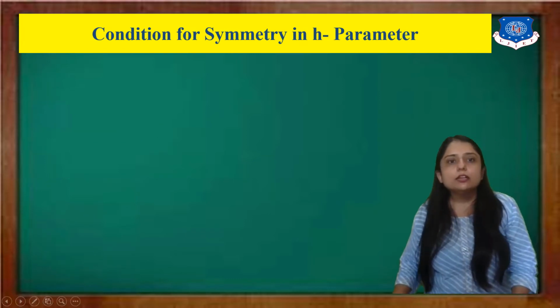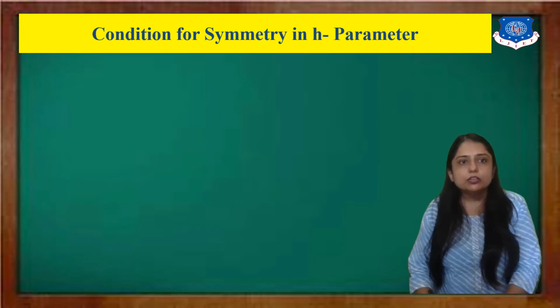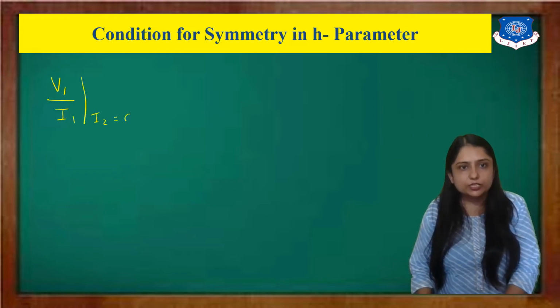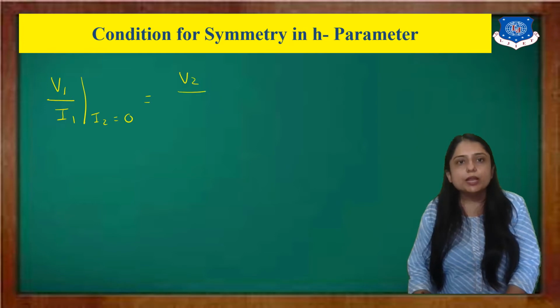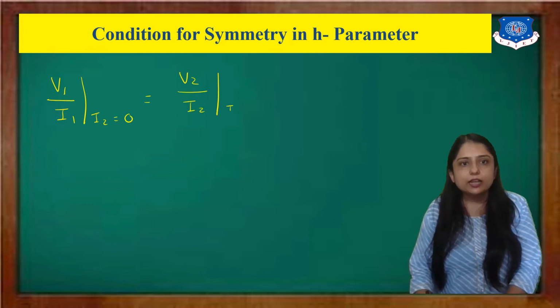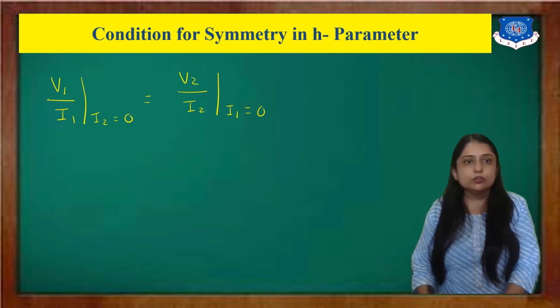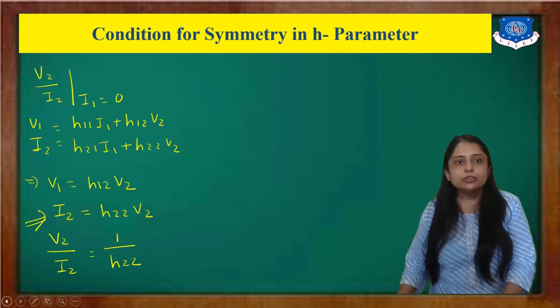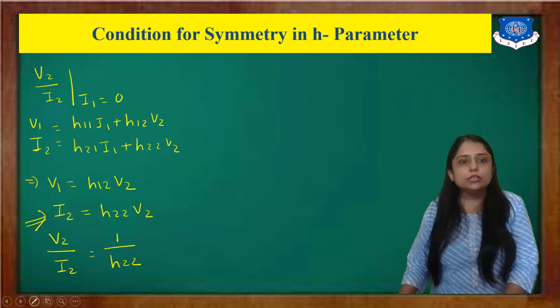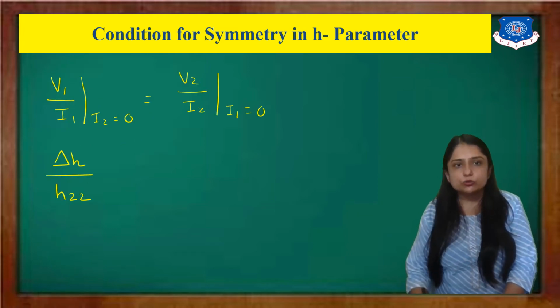Alright. Now see, our condition is V1 by I1 when I2 equal to 0 equals V2 by I2 when I1 equal to 0. V1 by I1 when I2 equal to 0 is delta H upon H22, and V2 by I2 is 1 upon H22.